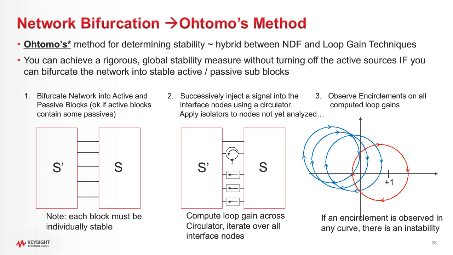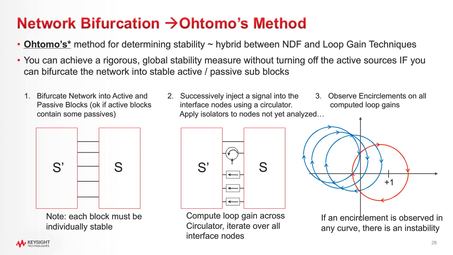There was a paper that a lot of people haven't read because it can be a little tedious to implement the method. Essentially, it was a paper by Ohtomo. I've got the reference. You can bifurcate a circuit into active and passive blocks, as long as each of the 2 blocks is individually stable.